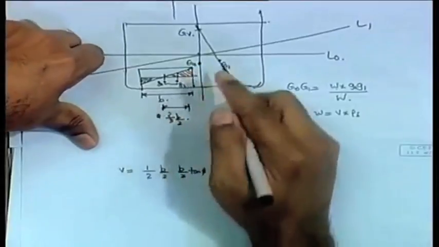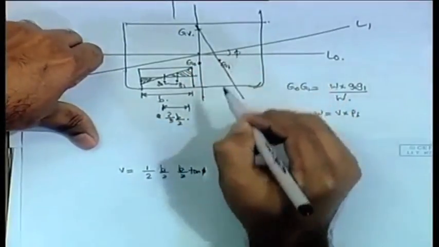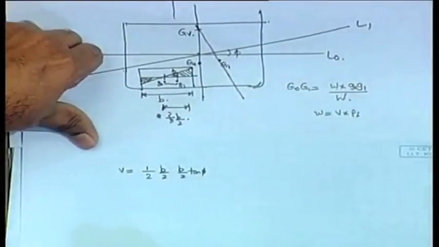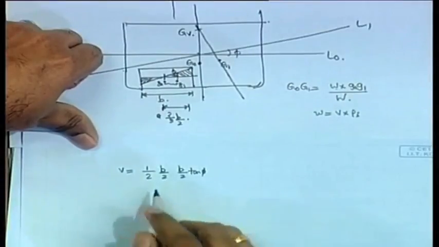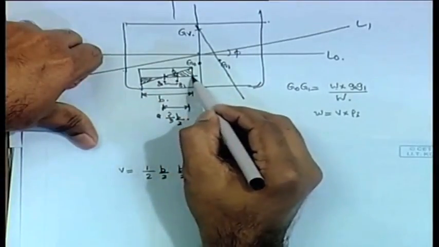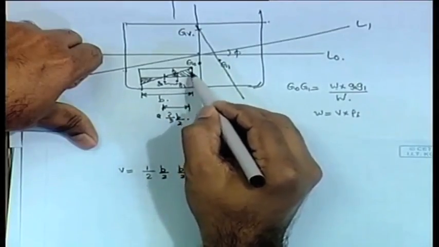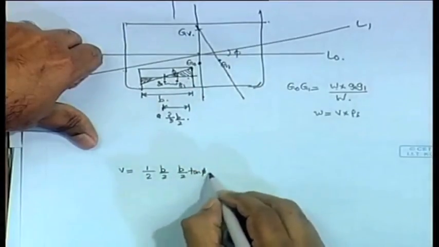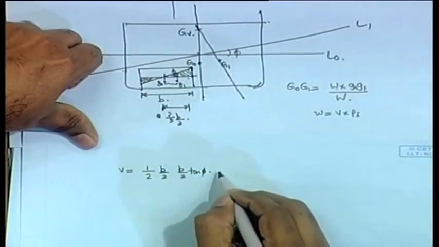You can look at this figure: this angle is phi, similarly this angle will also be phi, both are similar. Therefore, if this distance is b by 2, this distance is b by 2 tan phi, because this angle is phi. So b by 2 tan phi divided by b by 2 is tan phi, into the length L.